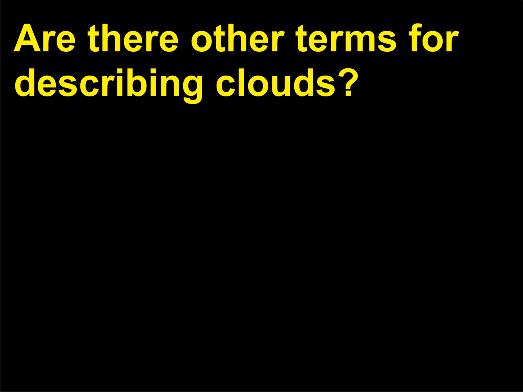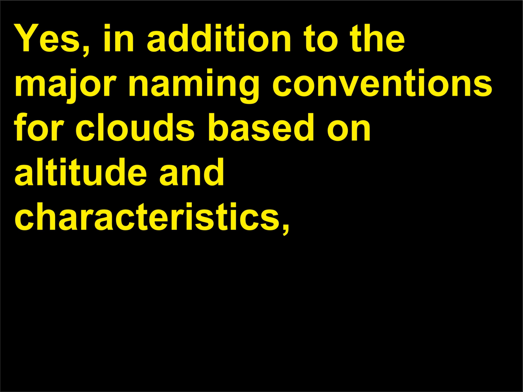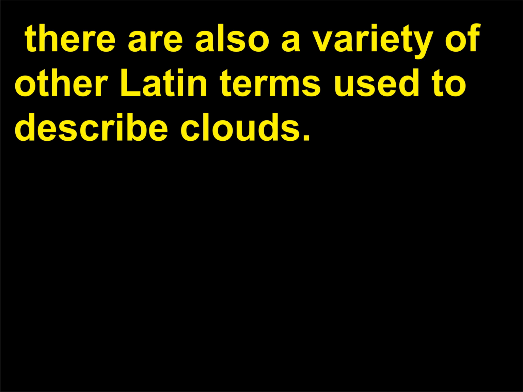Are there other terms for describing clouds? Yes, in addition to the major naming conventions for clouds based on altitude and characteristics, there are also a variety of other Latin terms used to describe clouds.